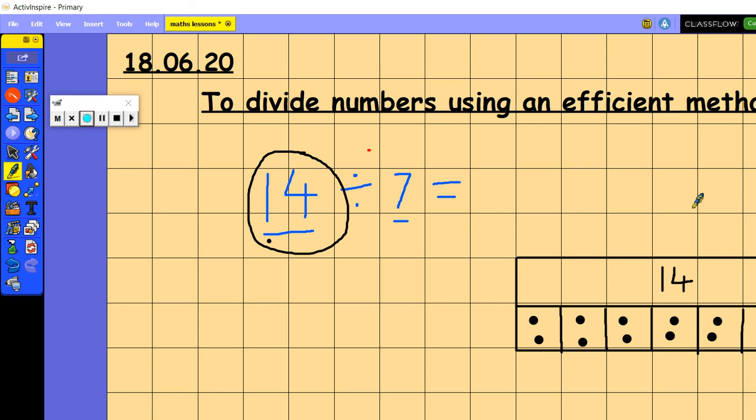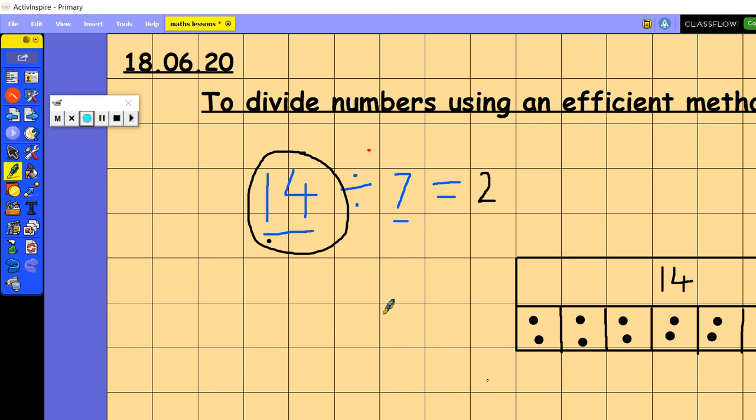Okay, and I stop there because that's my whole number. And then I can tell straight away that one of these boxes is telling me that 14 divided by 7, or shared by 7, is 2. And that is the answer to my calculation this morning. So 14 divided by 7 equals 2.